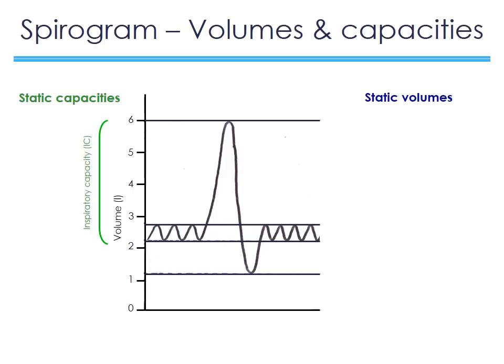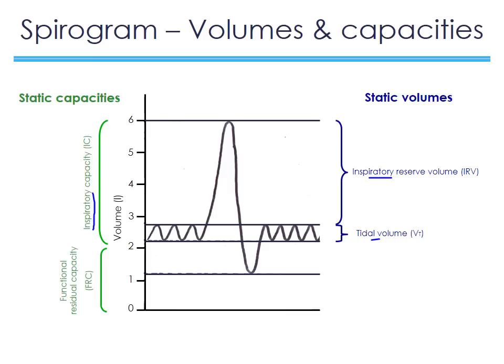If we look at the volumes which are summed to add up to the inspiratory capacity, it includes the inspiratory reserve volume as well as the tidal volume. In other words, those two volumes make up the inspiratory capacity, which is an indication of how much air the lungs can take in at any time.